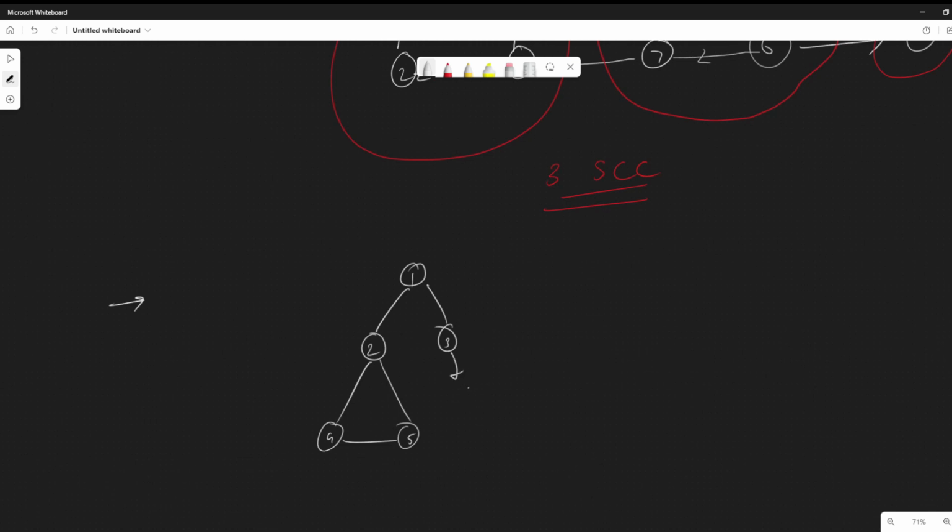This is our leaf node, because it does not have any child. What is a parent? This is a parent node. So simple, it is similar to a tree.